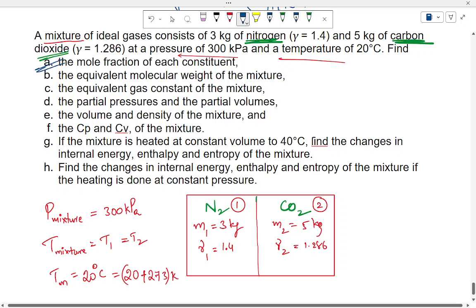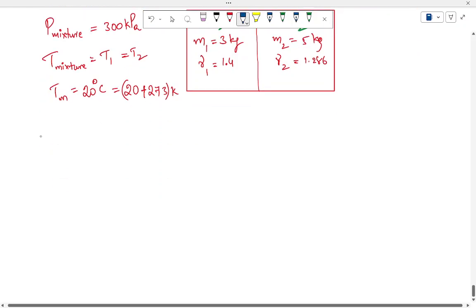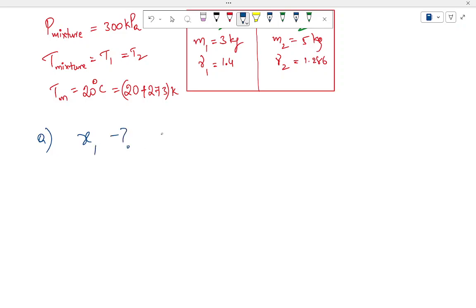The first part of the question, A, is asking you to find out the mole fraction of each constituent. So the question is asking you to find out the x1 and x2 values. We know that the formula for x1 is equal to n1 by n1 plus n2, and also the formula for x2 is equal to n2 by n1 plus n2.